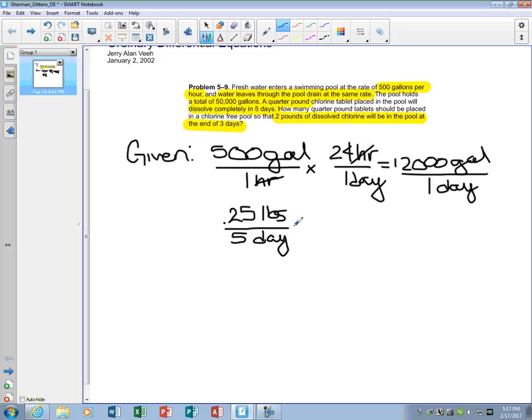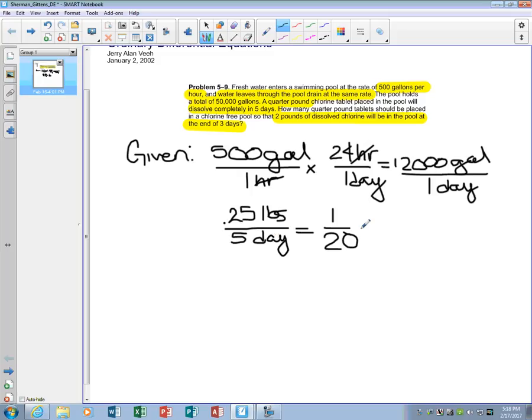Now we need to figure out what that means. How many pounds per day is that? We're going to get it all into pounds per day. That's going to give us 1/20th, because a quarter is 1/4.